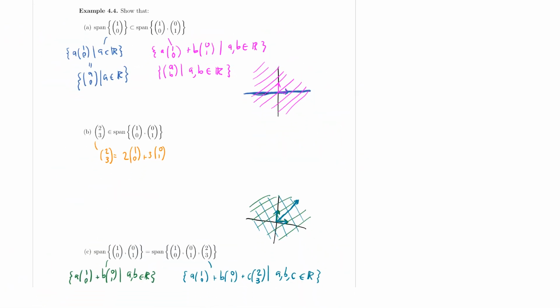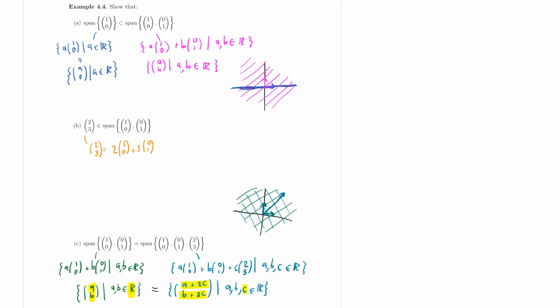So one thing we see from here is that whenever we have a span of something, if we keep adding more and more things into this list, my space should typically get bigger, and that's what we see from part A here.